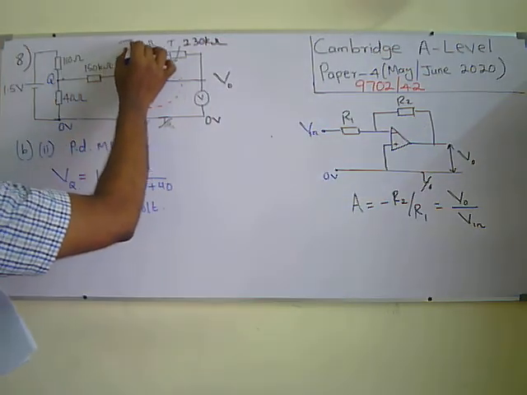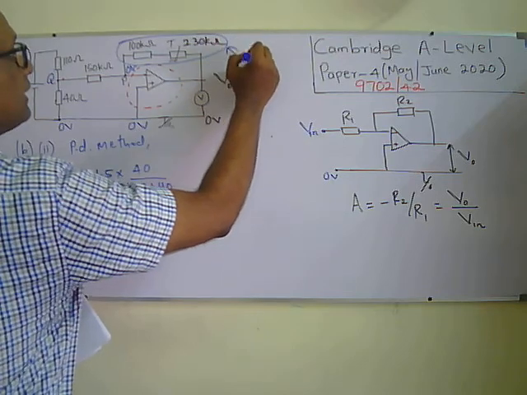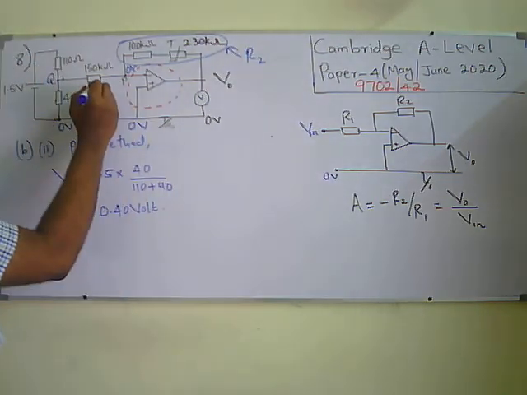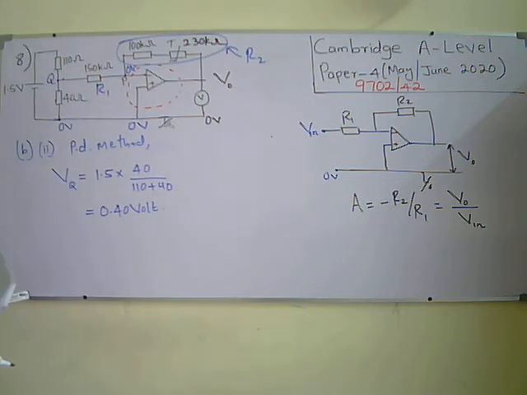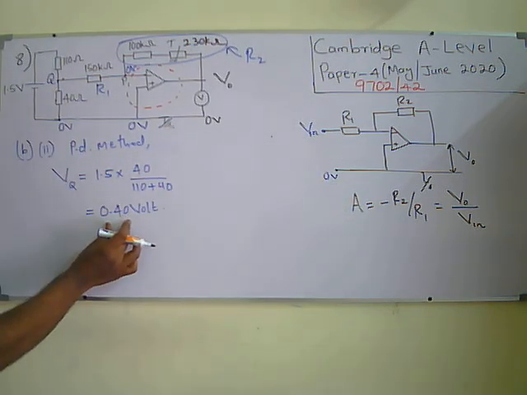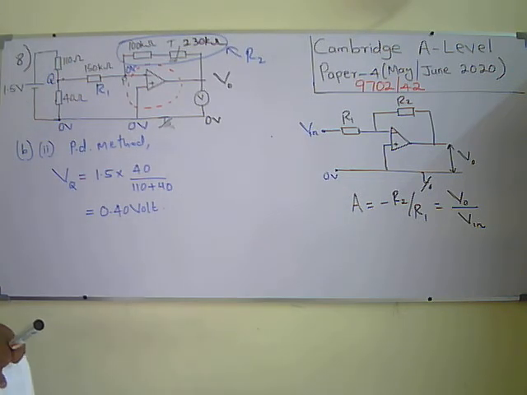The whole resistance, both together, is the feedback resistor, so I can call it R2. This is R1. The question is to find the V out. Now you can see both are the same, but this voltage is this one. This is 0, this is 0. Compare it, so I can use the same thing to find the V out here.